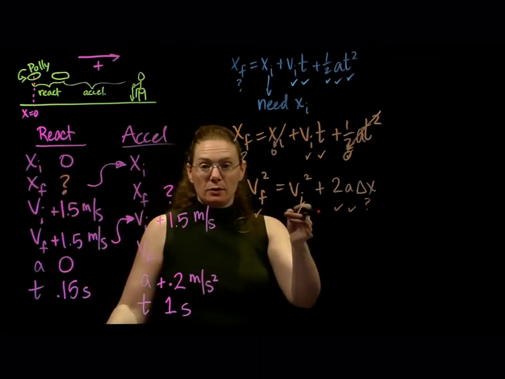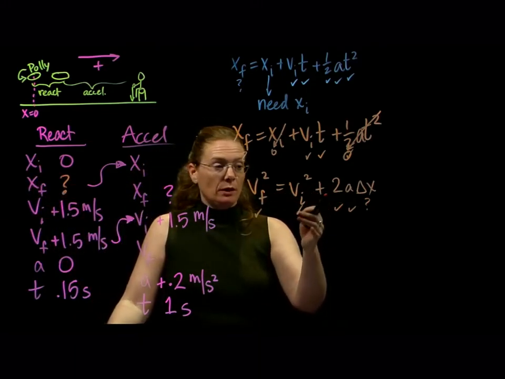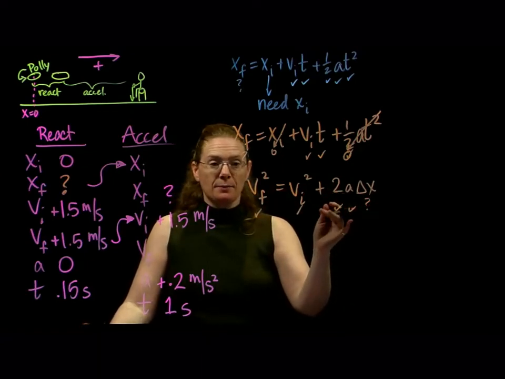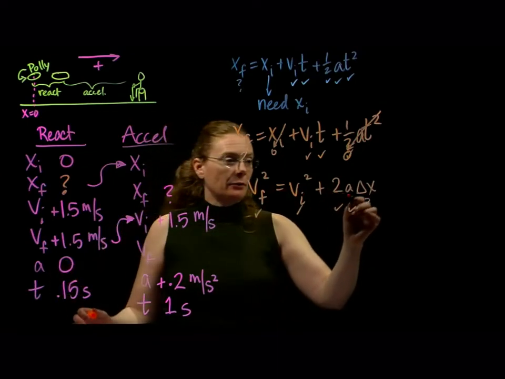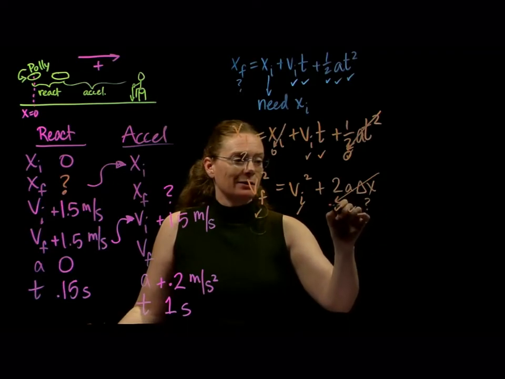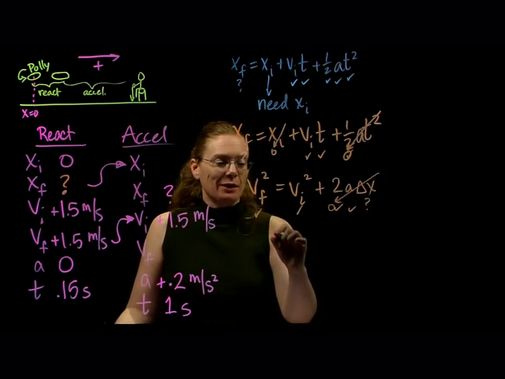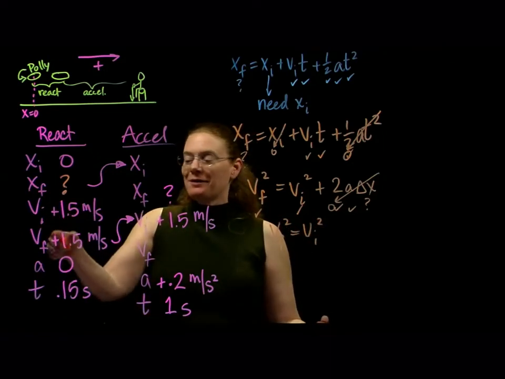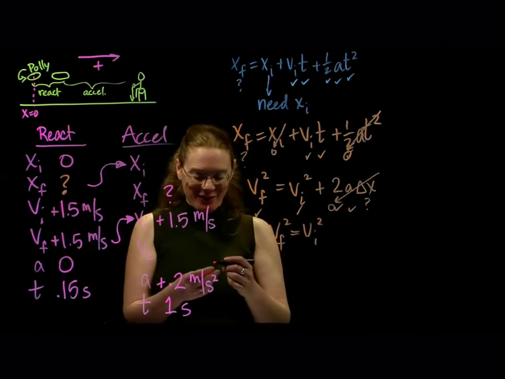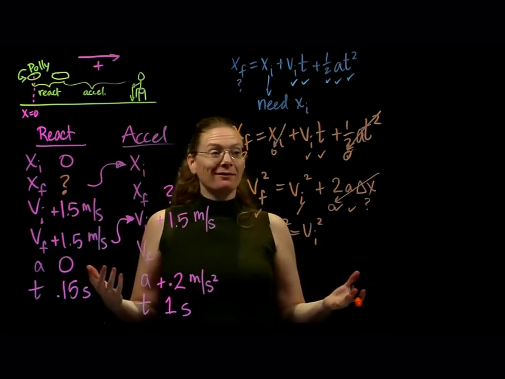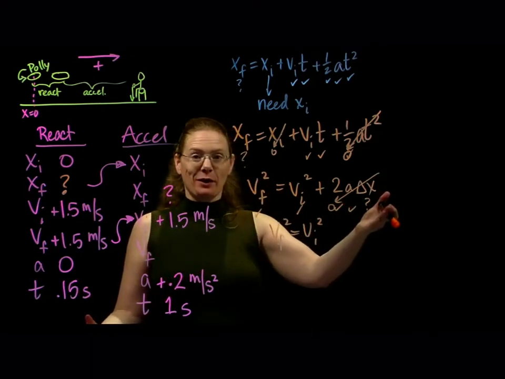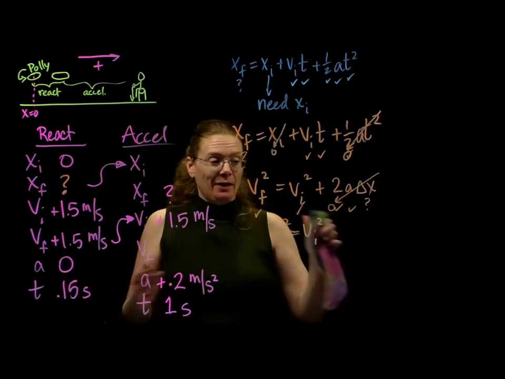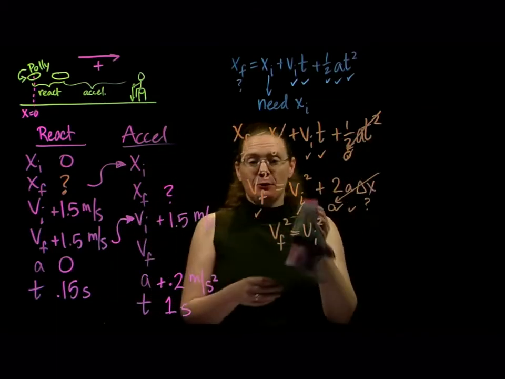So you might start with that one if you wanted to, and you'd say, great, I know this. And then I would look and I would say, acceleration is 0. Which tells me that V final squared equals V initial squared. Oh look, these two are the same. So it's not wrong. We can absolutely use the squared equation. It just doesn't get us anything.